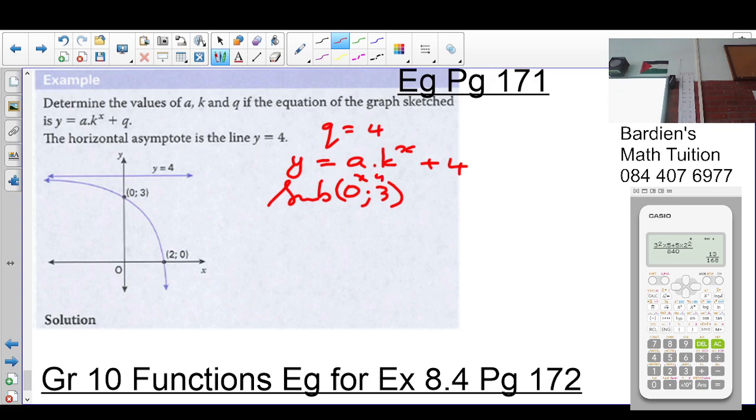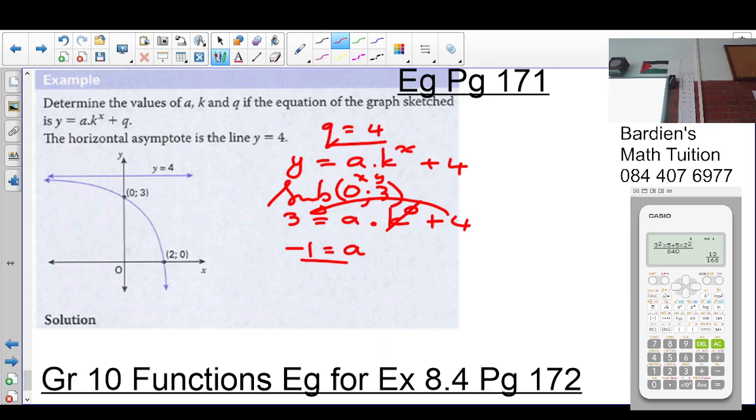That's an x and a y. So I say 3 is equal to a times k to the 0 plus 4. What is k to the 0 equal to? 1. You take the 4 over. The 3 minus 4 is negative 1. So a is negative 1, q is 4.